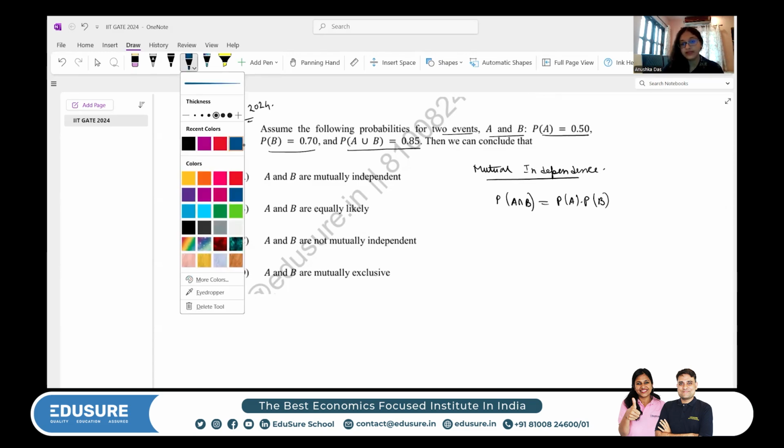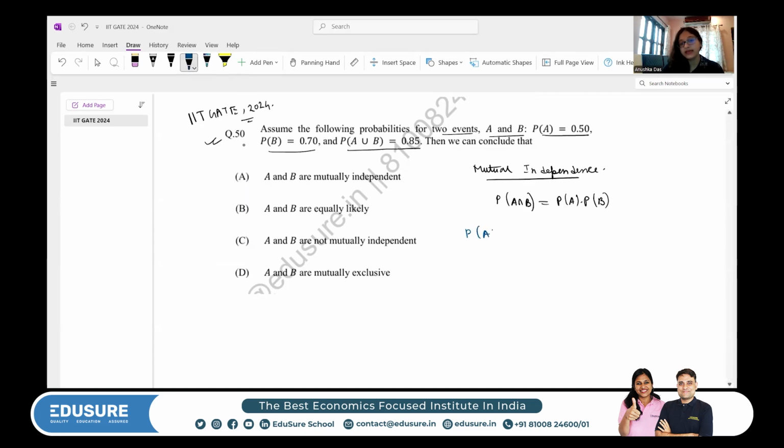What will probability A union B be? This is probability A plus probability B minus probability A intersection B, right? So this thing we know.